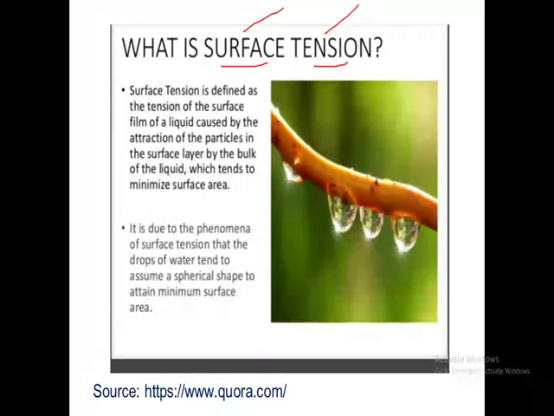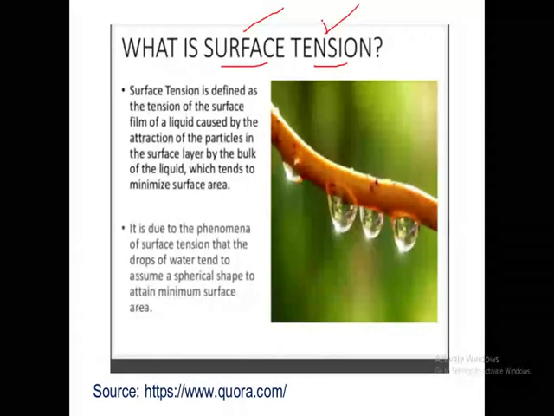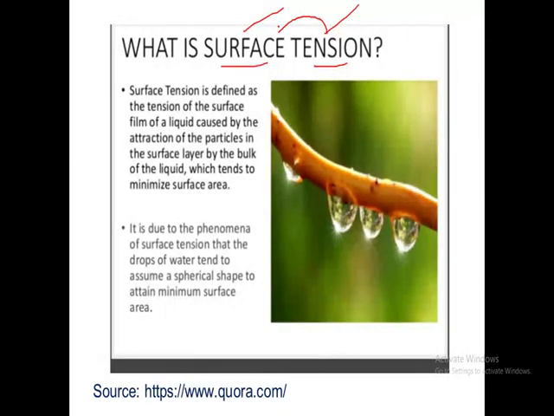So in simple terms, some kind of pressure, some kind of force is exerting on the surface of a liquid. It is this pressure or this force which is making the liquid take the shape of a sphere. Why? Because liquids always try to occupy minimum surface area.